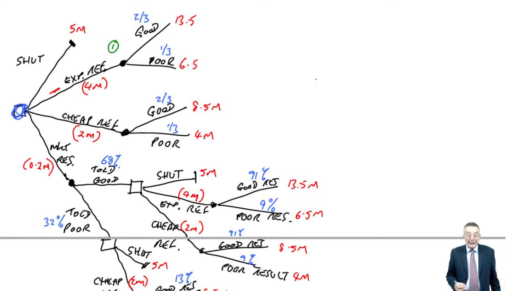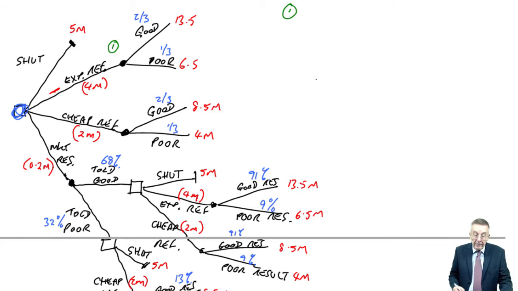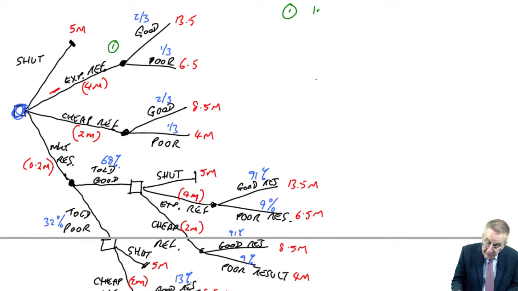So at point 1, remember at point 1 we've paid out 4 million. But what will we get? I'll show my workings. We'll either get 13.5 million or we'll get 6.5 million. We know the probabilities. There's a 2/3 probability of getting 13.5, a third probability of getting 6.5.